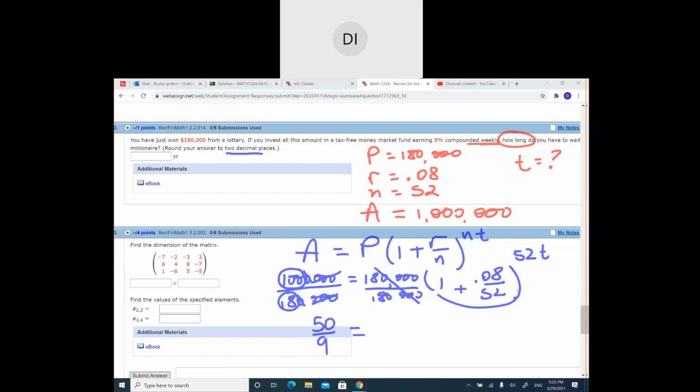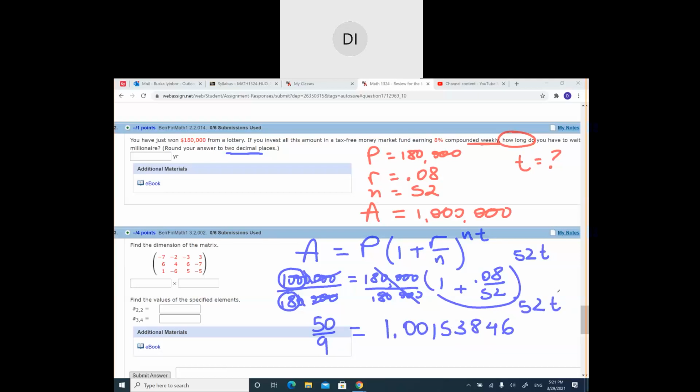Now, I need to simplify this. I need to simplify what is 1 plus 0.08 divided by 52. So that's going to be 1 point, and I'm going to keep as many decimals as possible. 1.00153846. And then I'm going to raise that to power 52t.